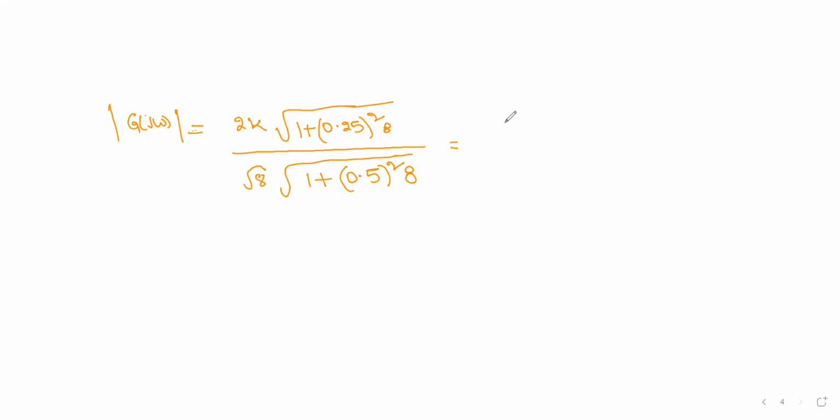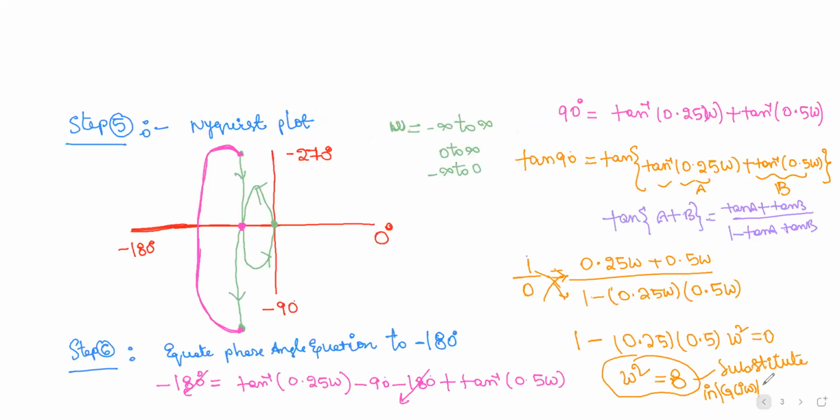This is equal to 2.449 K by 4.898. So this value is 0.5 K. So magnitude value is 0.5 K. So let us place this magnitude value in the intersection point.